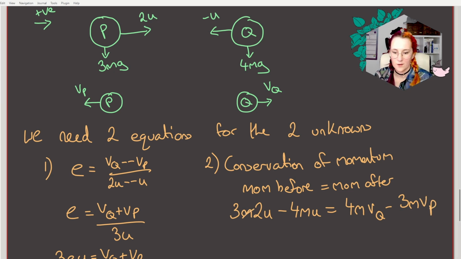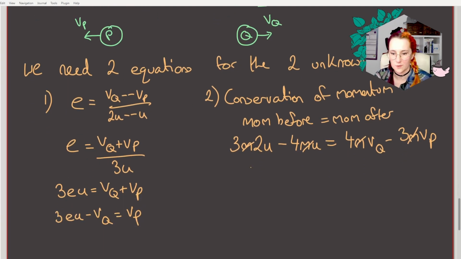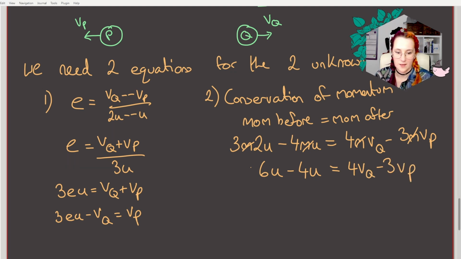Yes, we can cancel through all of the m's. So what we end up with is 6u minus 4u equals 4vq minus 3vp. Then I'm going to simplify the left-hand side and then substitute in.